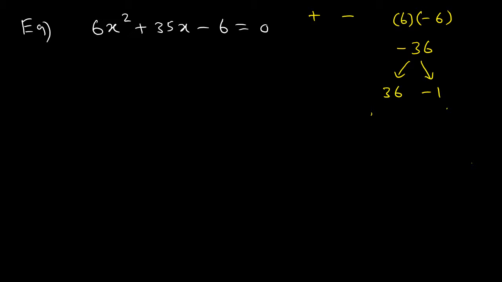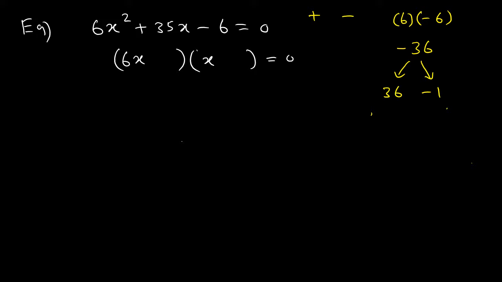Now you can see that because of the negative 1, the only possible factoring would be 6x and 1x, equal to 0. So very easy. To get the factor, you can see that this is 6, so you divide 36 by 6.